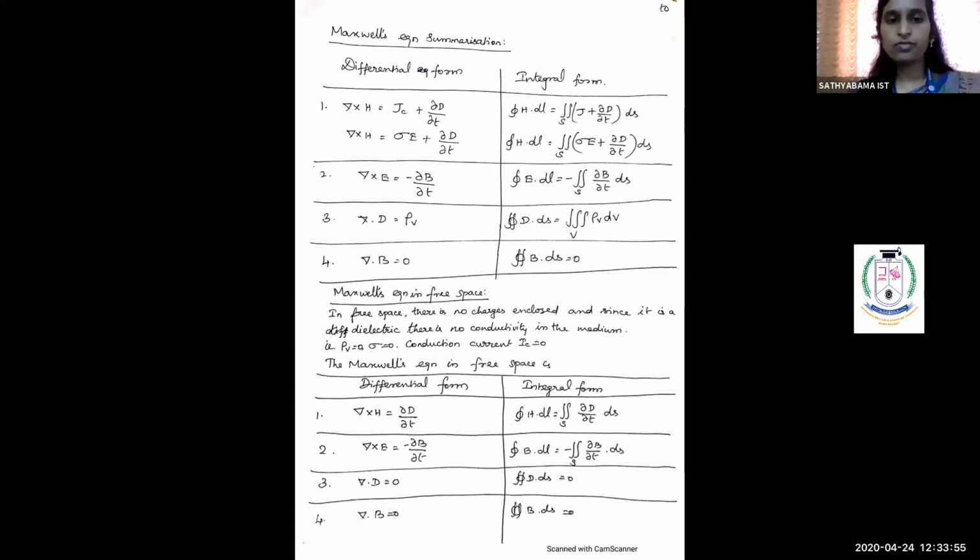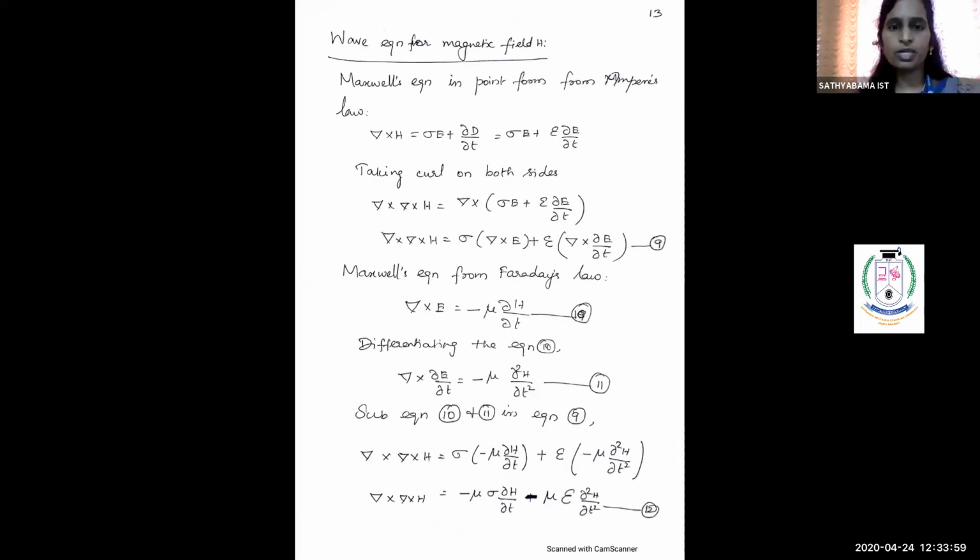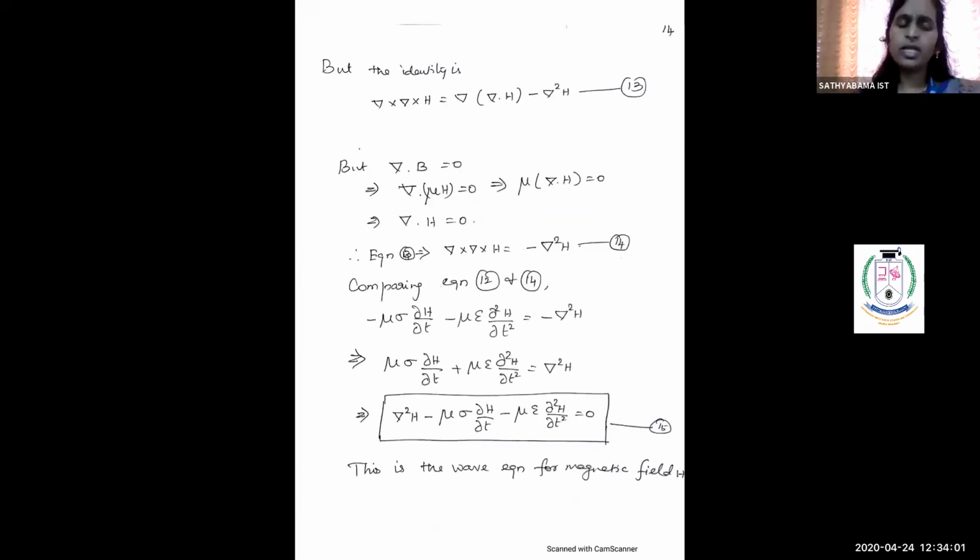So we substitute here: del dot B is equal to 0. We know that B is equal to mu into H, and mu is a constant. So del dot H is equal to 0 obviously.